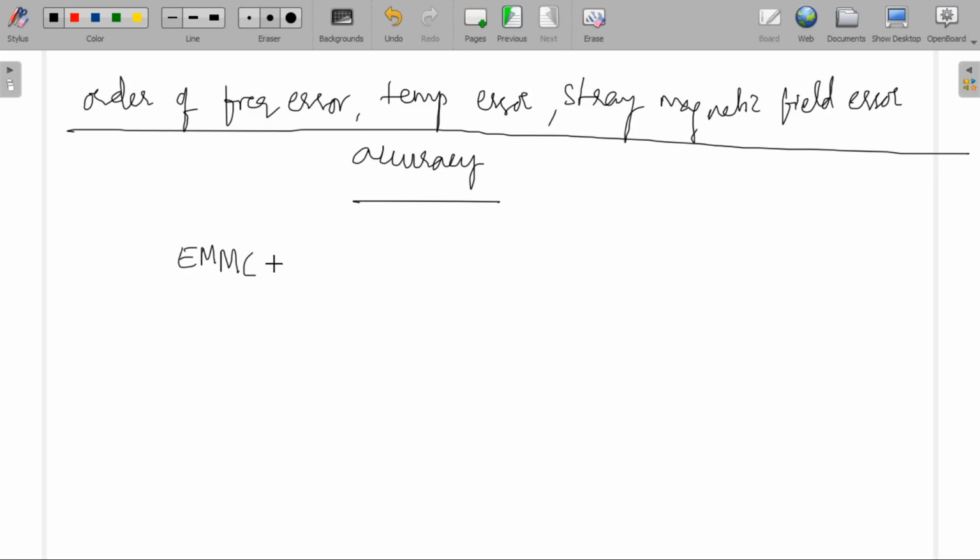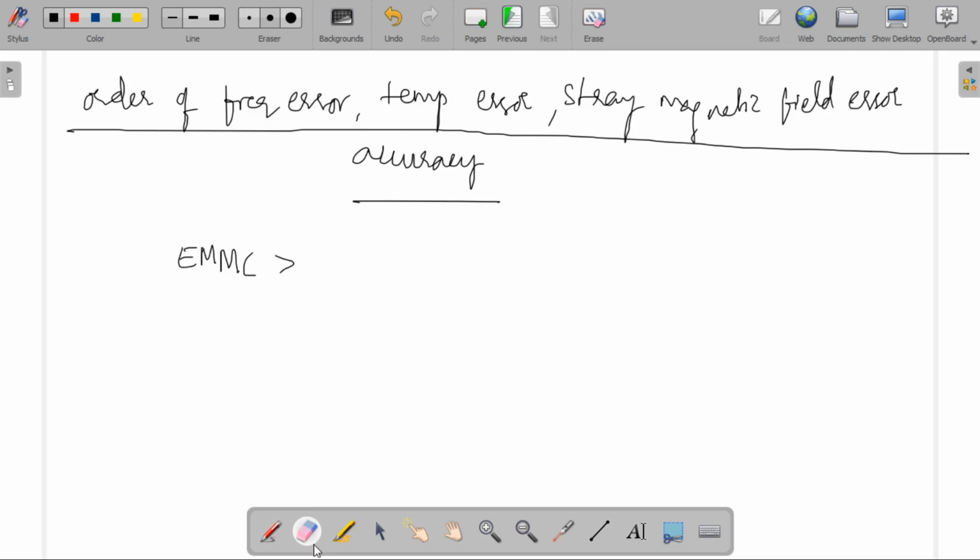EMMC instrument will be having more. Okay, it is having more friction error, more temperature error, more stray magnetic field error, less accuracy. Okay, I will come back to this accuracy.